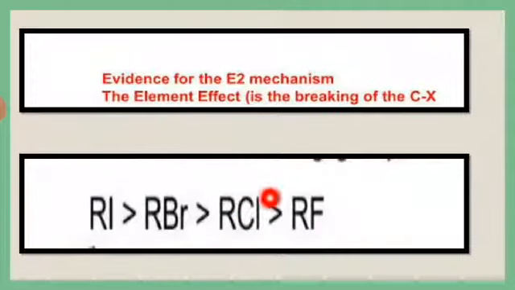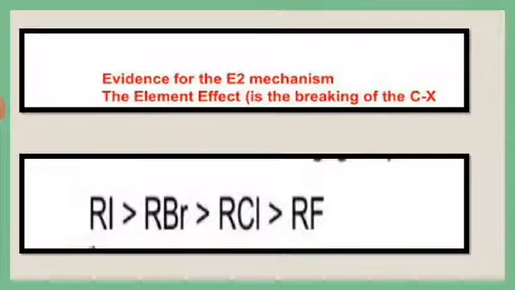Basically, alkyl bromide reacts 40 to 60 times faster than the chloride, and the alkyl iodide is also 25,000 times faster than the fluoride. So clearly it means that the rate at which the carbon-halogen bond breaks affects the overall rate of elimination.